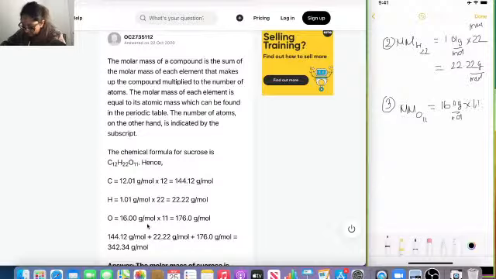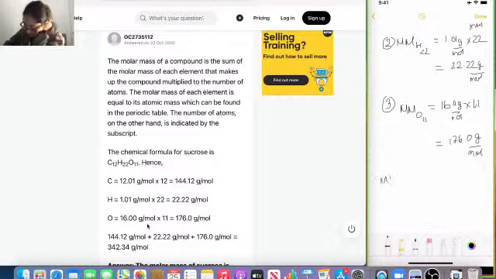You multiply this by 11 and you get 176, right? Yes, so you get 176.0 grams per mole.